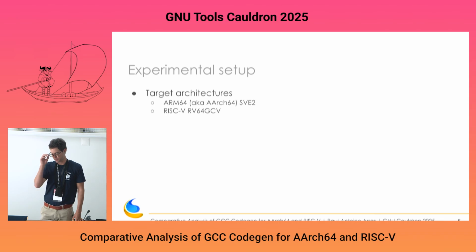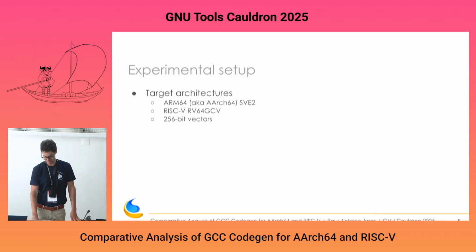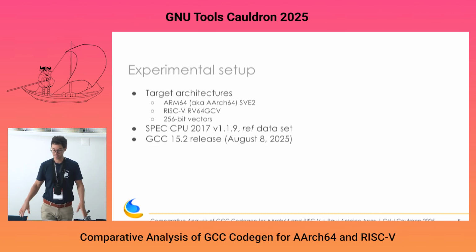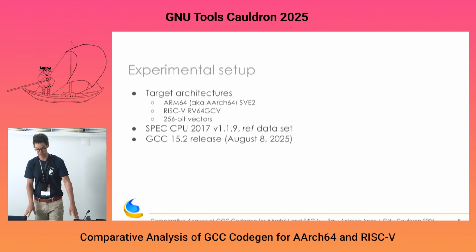So for ARM, that means SVE2, and for RISC-V, it means the V standard extension. In this case, we're targeting a vector size of 256 bits. And the reference benchmarks that we've been using are the SPEC CPU with the reference dataset, which are the largest dataset that we can get for those benchmarks.